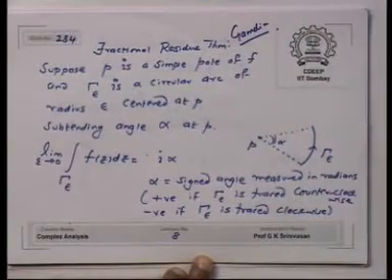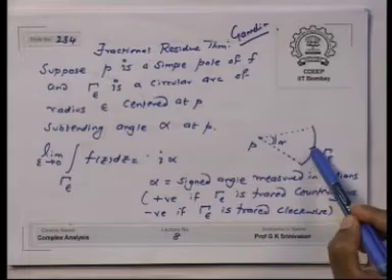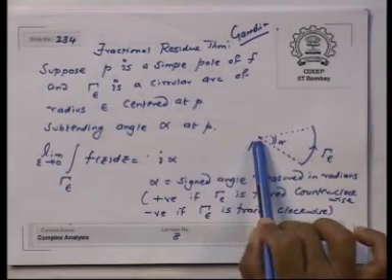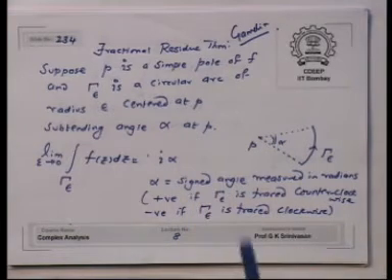It is called the fractional residue theorem. Suppose p is a simple pole of f and gamma epsilon is a circular arc of radius epsilon centered at p, subtending an angle alpha at p. Alpha is measured in radians.